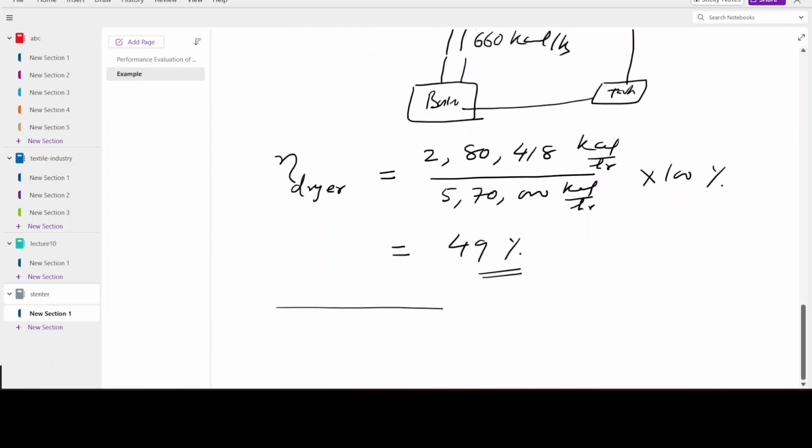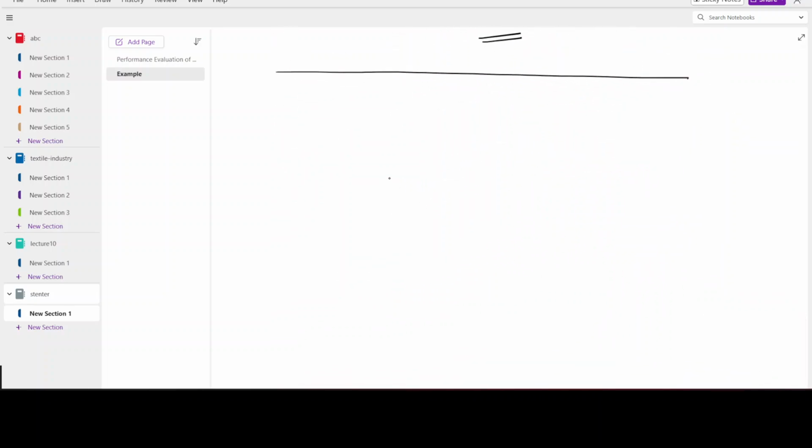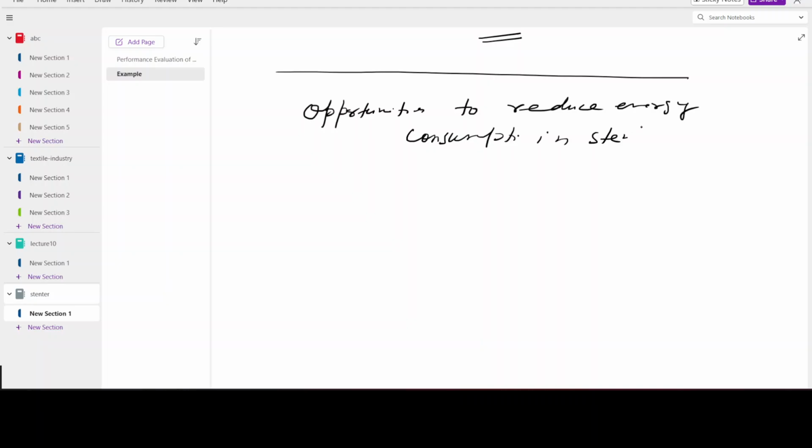After knowing these things, it is important to understand now what are the opportunities to reduce energy consumption in the Stenter dryer.